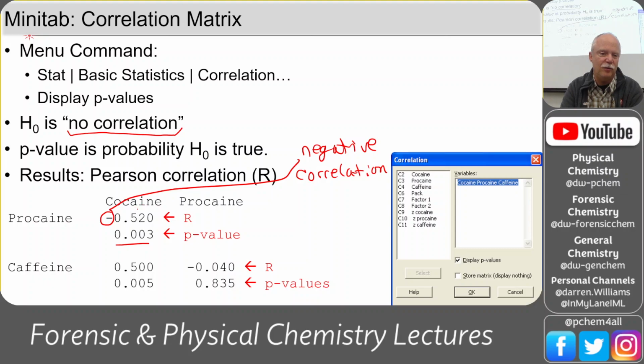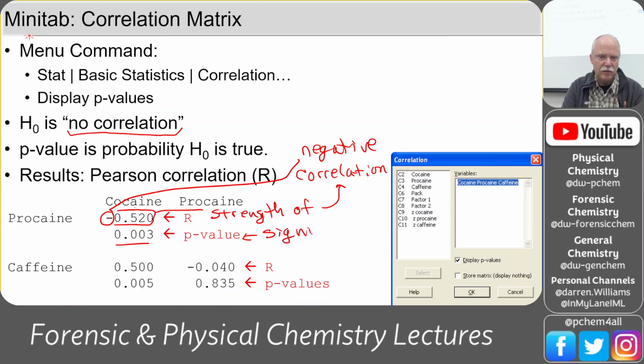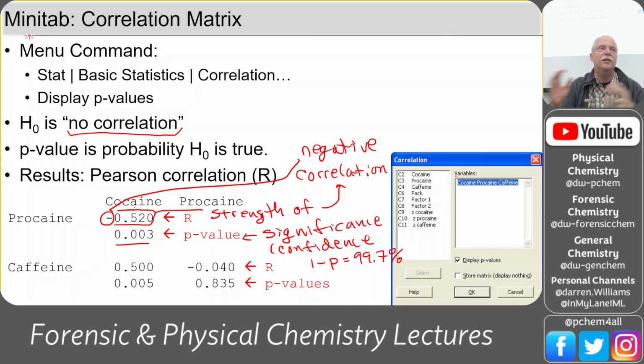The magnitude of this number tells you how strong the correlation is, and this tells you the statistical significance. And the confidence is 1 minus p, or 99.7%. So we're 99.7% confident that we have a negative correlation between these two components.